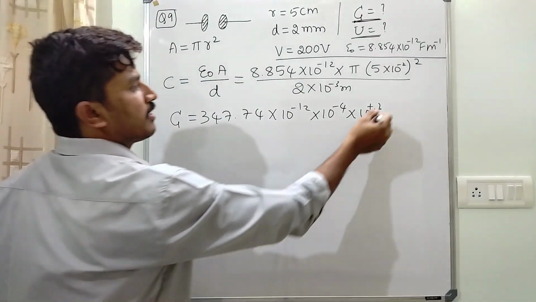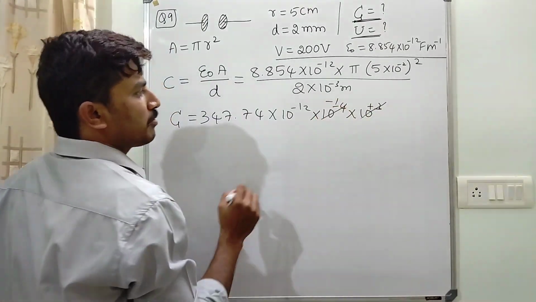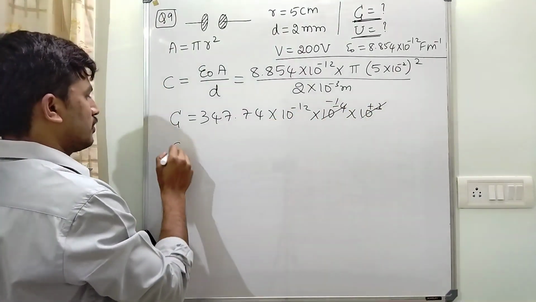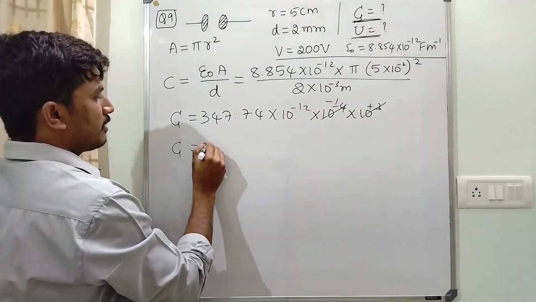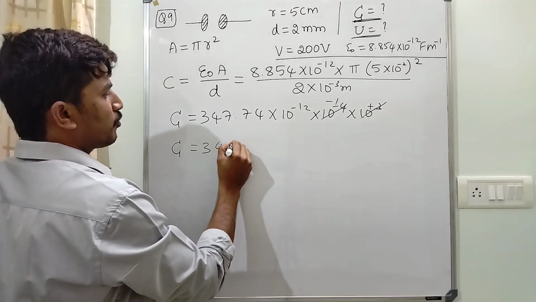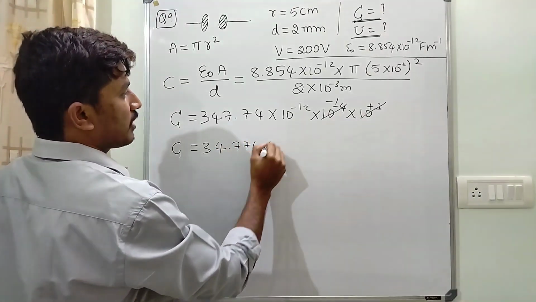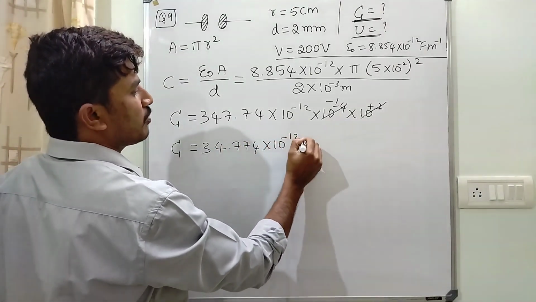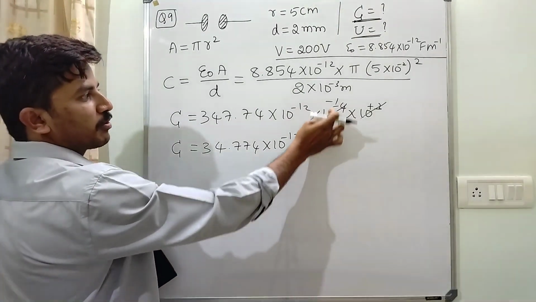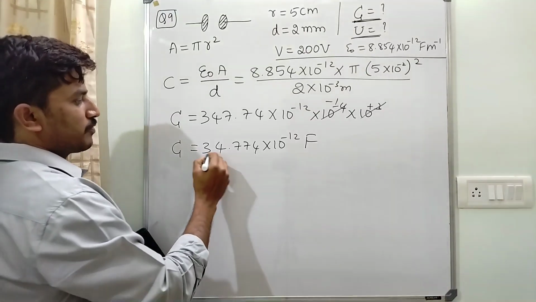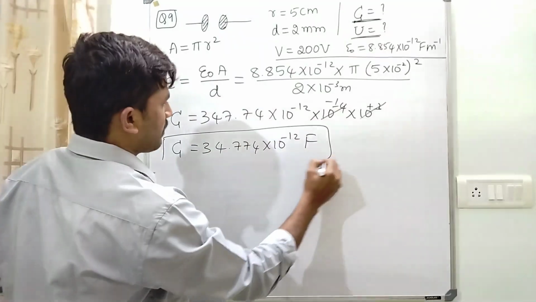Now here this one will cancel out, it will become minus 13. So taking 10 to the power minus 1 here, we get 34.774 into 10 to the power minus 12. SI unit is farad. So that's why I have got this. So this is the capacitance.